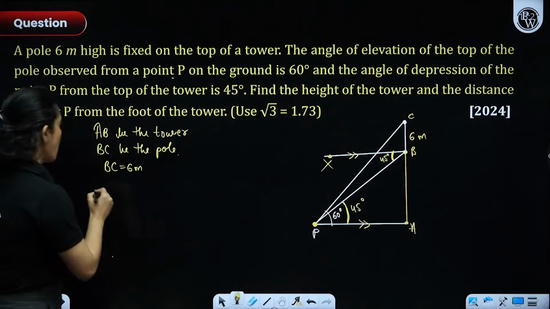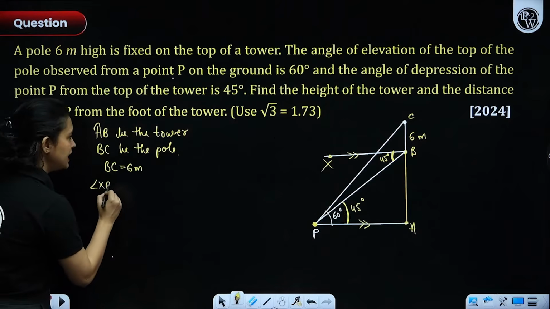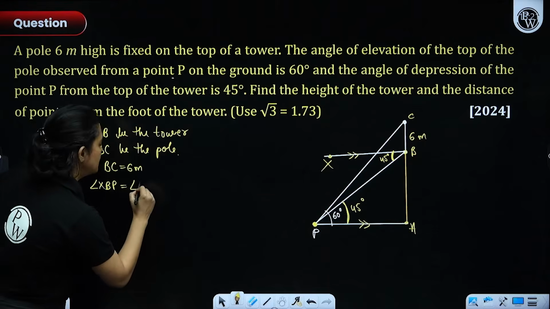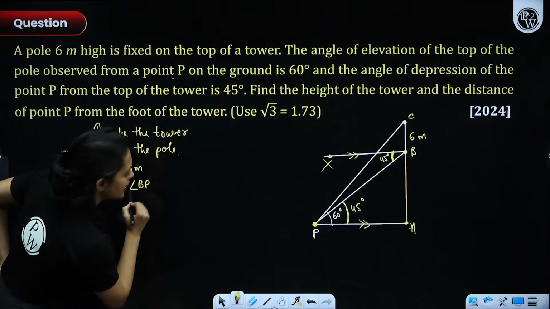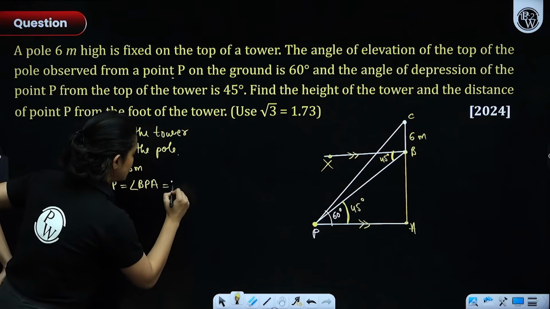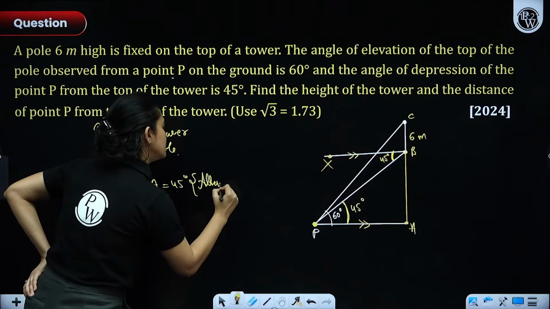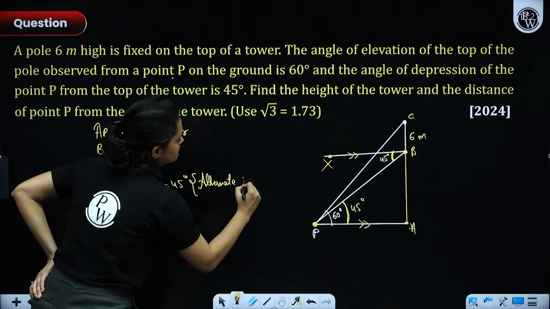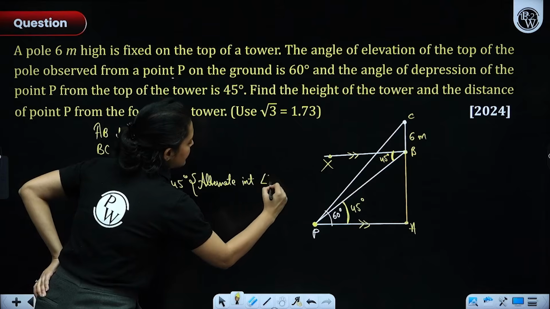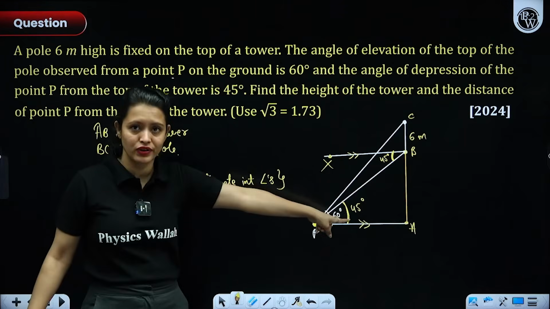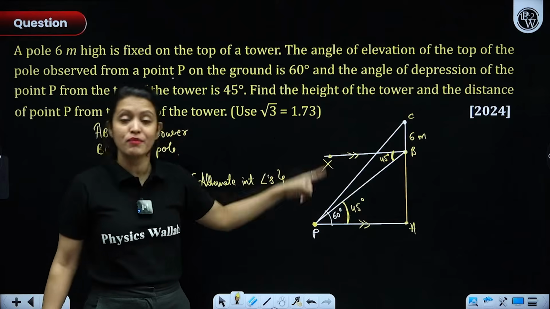Angle XBP is equal to angle BPA is equal to 45 degrees. Why? Because they are alternate interior angles. Please write that down also, okay? Because it's not directly given that this angle is 45 degrees. This is something we got from our own reasoning.